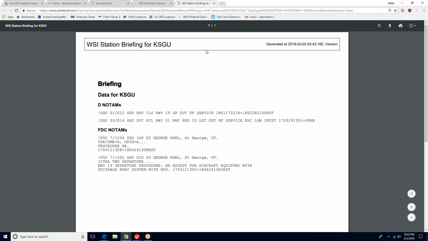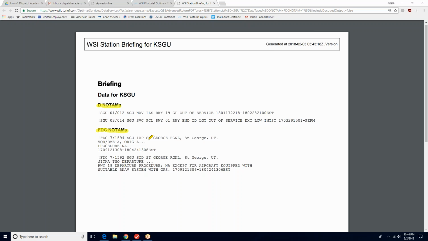Okay, so the first thing you guys are going to notice about NOTAMs is that there are two different types of NOTAMs. There are these that are called D NOTAMs and another type called FDC NOTAMs.